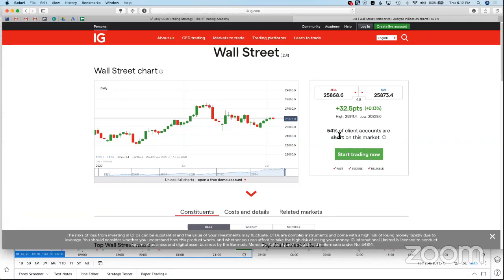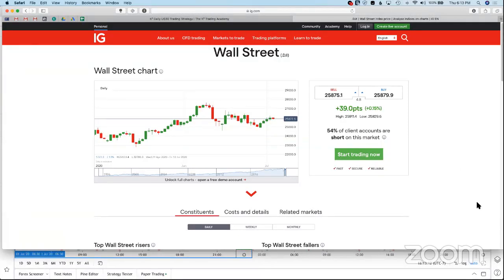So the market is literally split. There's no specific direction of where the majority of traders are. So this just means that 54% of the traders are short, and then 56% of the traders are long. So it's literally at a middle ground right now. It could literally go either way. So, I mean, good luck if you're in that trade.